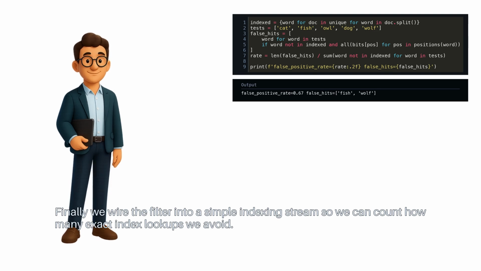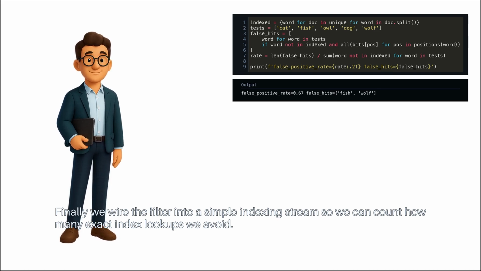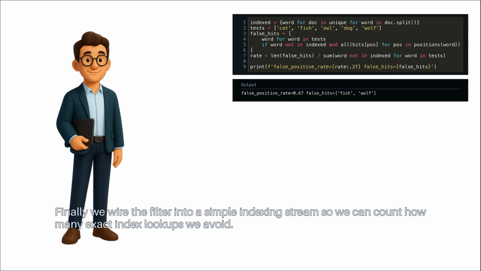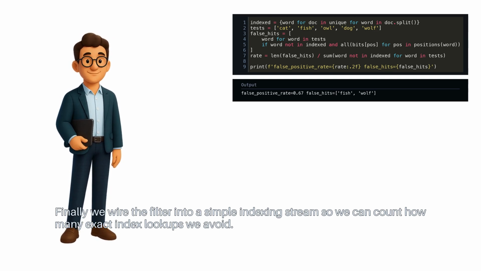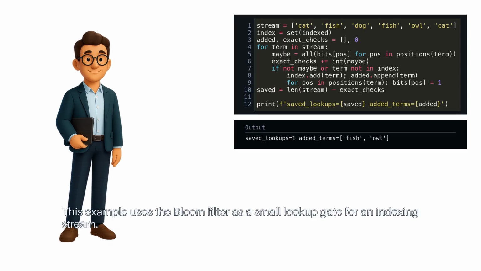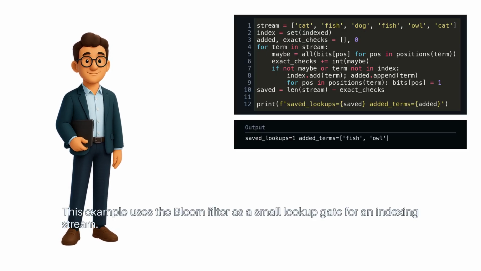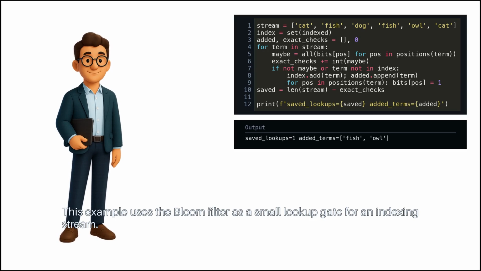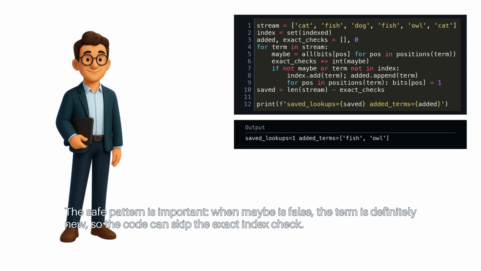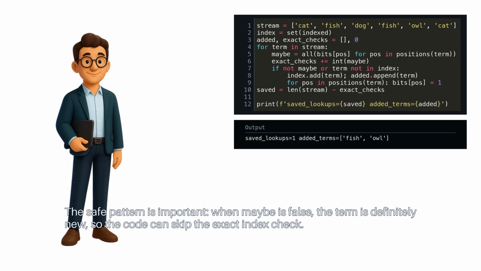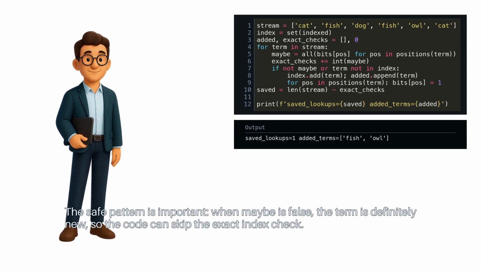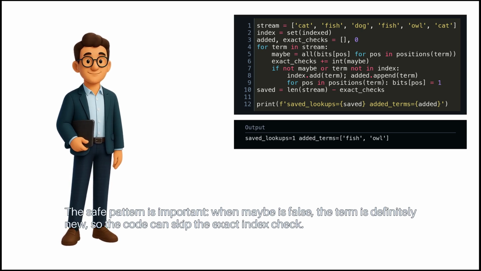Finally, we wire the filter into a simple indexing stream so we can count how many exact index lookups we avoid. This example uses the Bloom filter as a small lookup gate for an indexing stream. The safe pattern is important. When maybe is false, the term is definitely new, so the code can skip the exact index check.